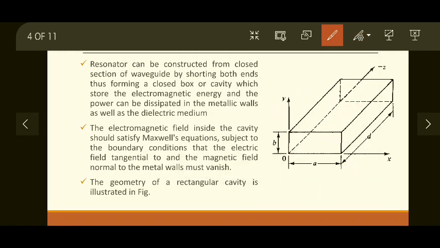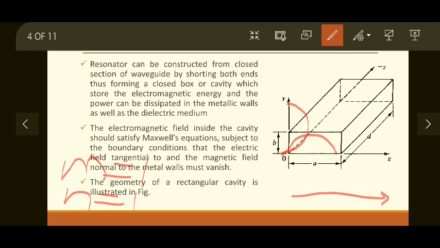Half wave periodicity means, for m equal to 1, m corresponds to the x direction, so this direction. As m is equal to 1, the electric field component will be like this. For n equal to 1, the electric field will be like this.